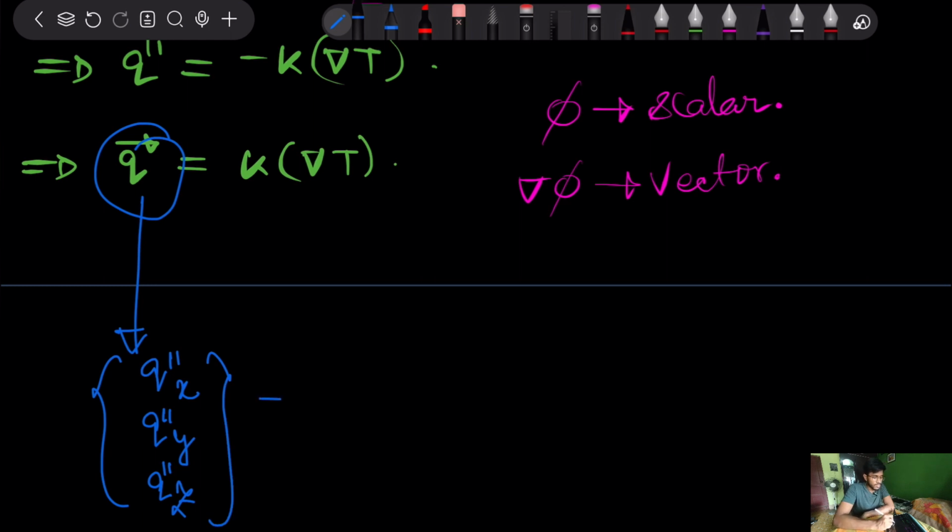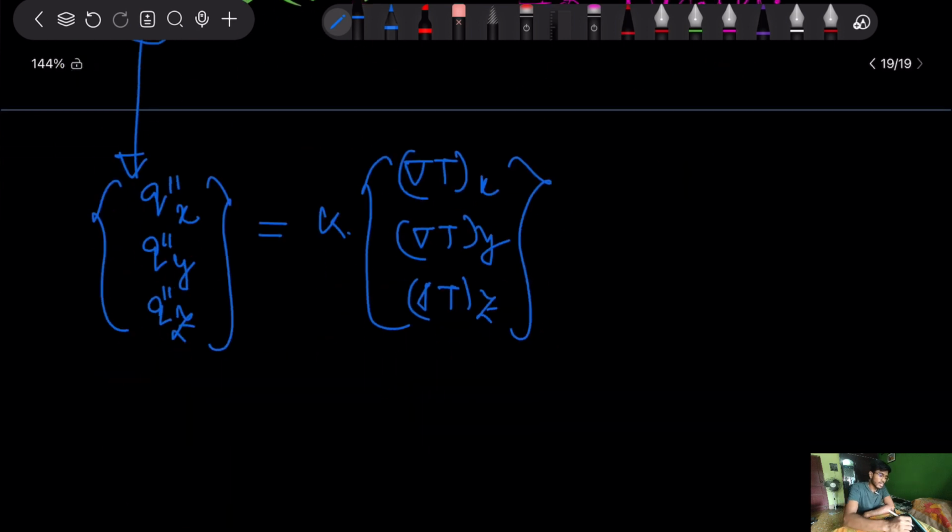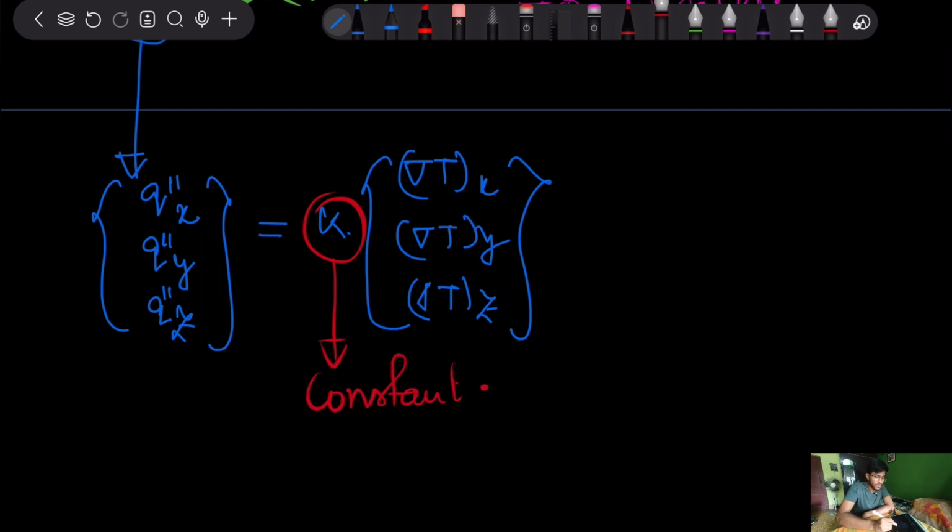So now I can satisfy this if K is a constant. So that is grad Tx, grad Ty, grad Tz. So here if my K is a constant, then also it is okay, right?